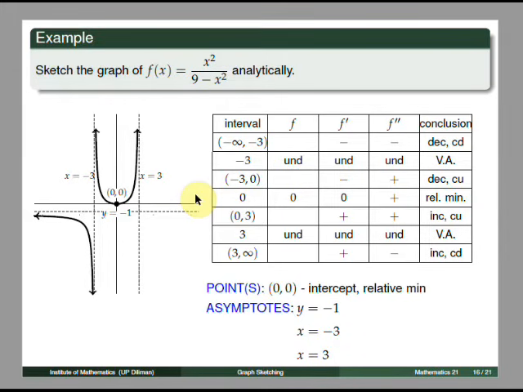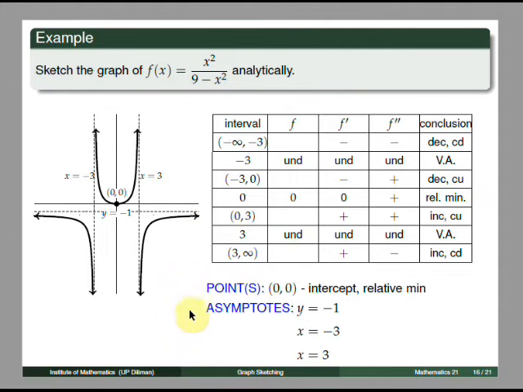Great! Lastly, for the interval 3 to positive infinity, it is increasing and concave down, and therefore we have this part of the graph. Increasing concave down, it must be asymptotic to the vertical asymptote x equals 3 and must approach the horizontal line y equals negative 1.